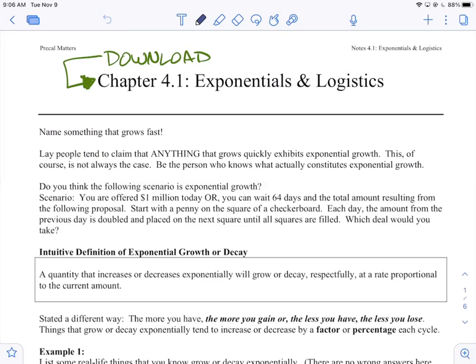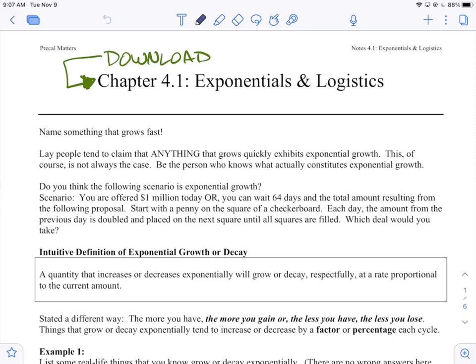My patience is decaying exponentially. And that's a true exponential decay. Because the quantity that increases or decreases, for instance my patience, is decreasing at a rate that is directly proportional to the current amount.